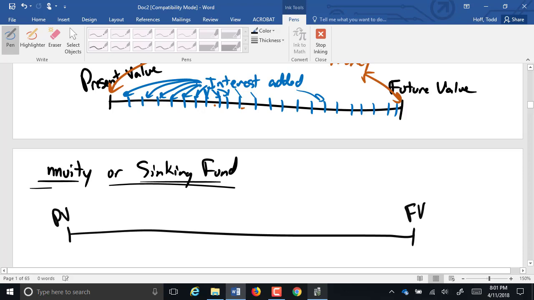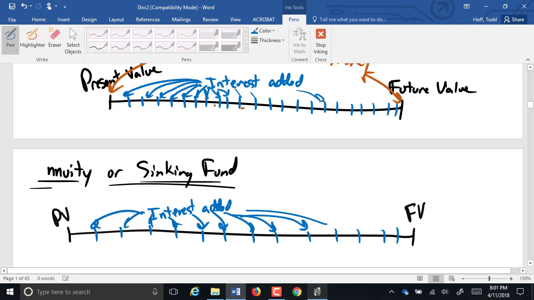Just like compound interest, there are several periods in between, and interest is added at each of those periods, at the end of each of those periods.